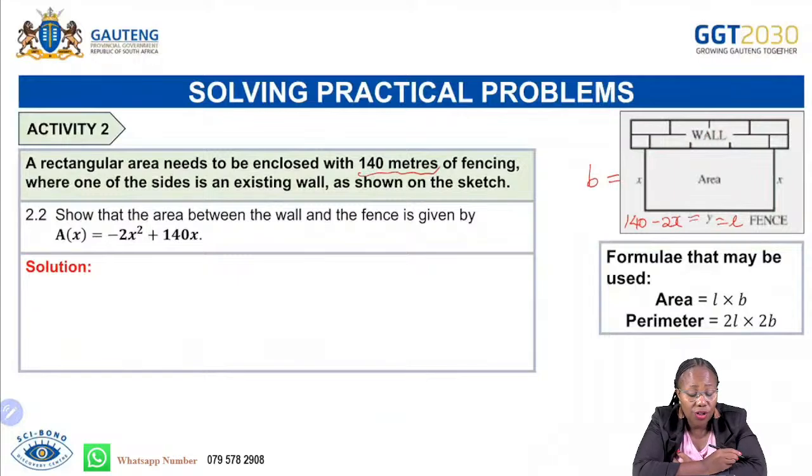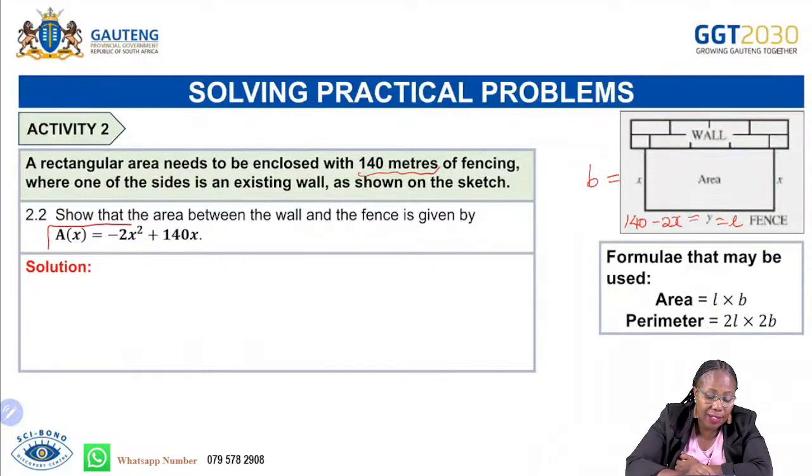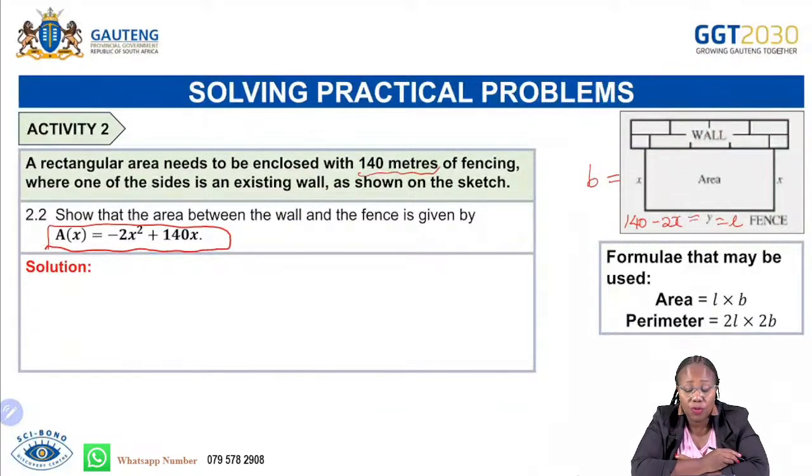So now the question states: show that the area between the wall and the fence will be given by area equals minus 2x squared plus 140x. So that means the formula for the area is already given to you. Your answer is given to you. Yours is to show that this is true, grade 12. Is this the correct answer?